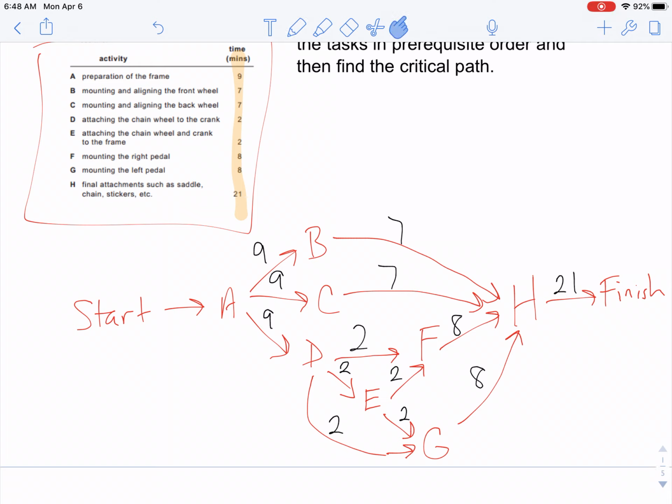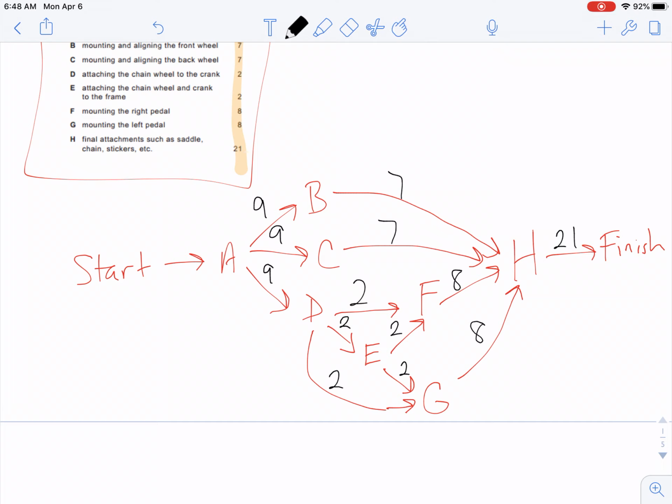Then it wants us to find the critical path. So again, the critical path is the pathway through this entire map that has the highest sum, because the highest sum will allot the most amount of time to finish all the tasks. So you got to find the highest sum.